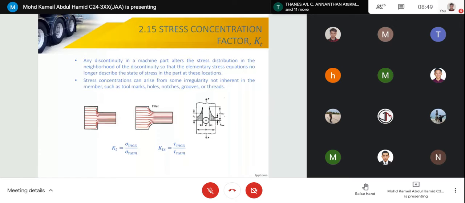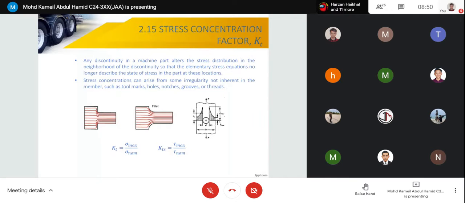Any irregularity in the part, we need to include in our calculation the stress concentration. Any discontinuity in the machine part alters the stress distribution in the neighborhood of the discontinuity so that the elementary stress equation no longer describes the state of stress.